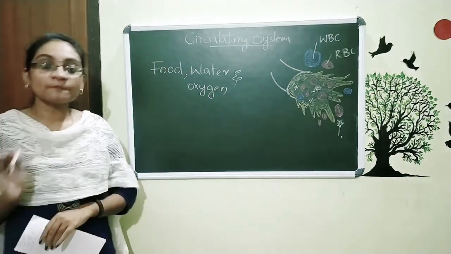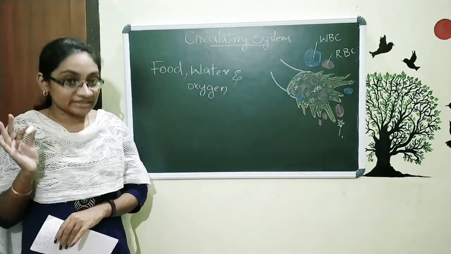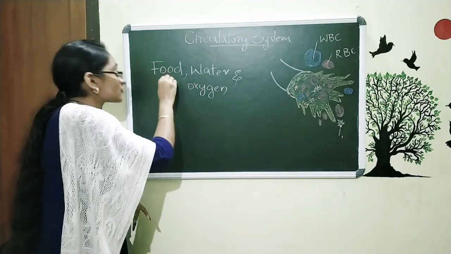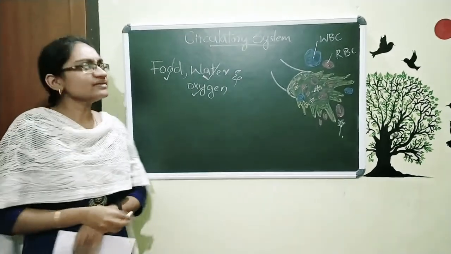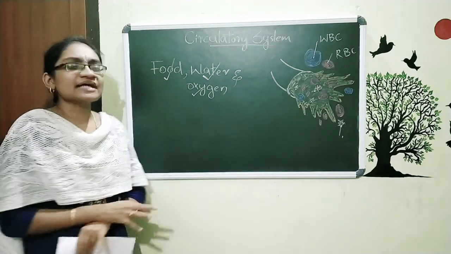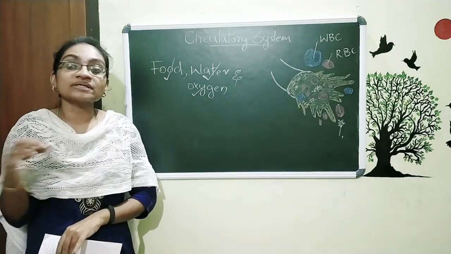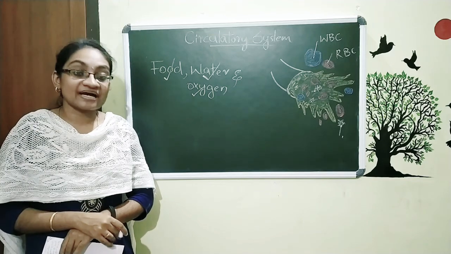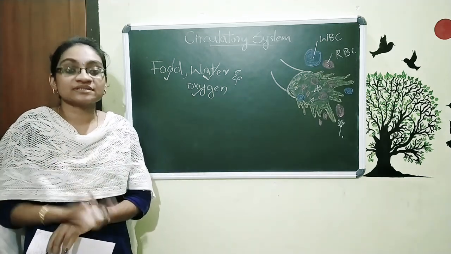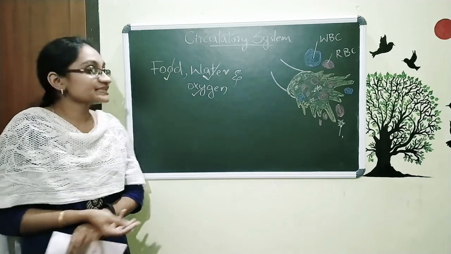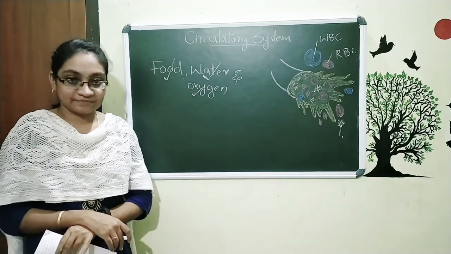That is, the proper functioning of every organ requires a proper amount of food, water and oxygen. Then how are this food, water and oxygen getting to all the organs? How is it transferred from one organ to another? Who is transferring this? This is done by the circulatory system.